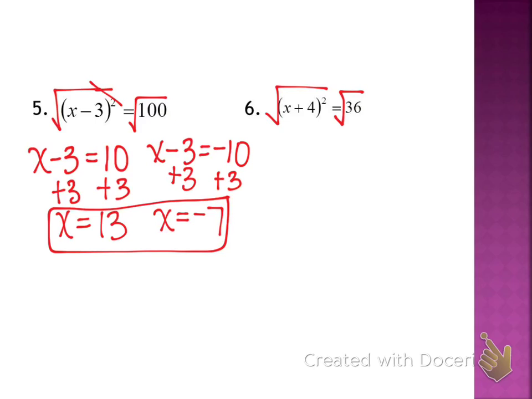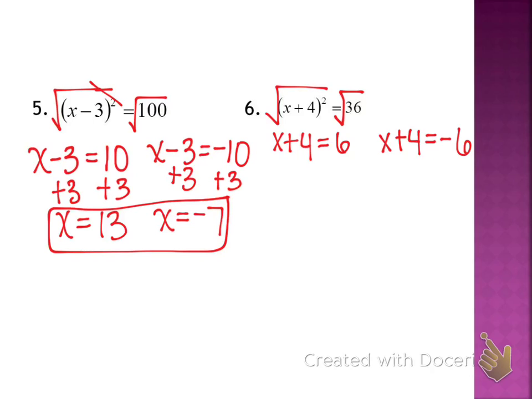Good. So when we square root the left side, we get x plus 4, just without an exponent now. The square root of 36 could be 6, or it could be a negative 6.